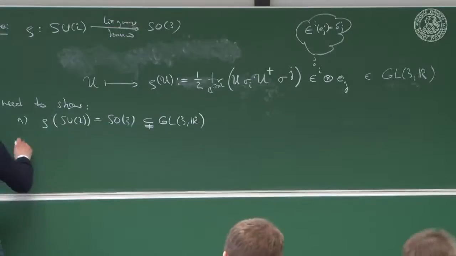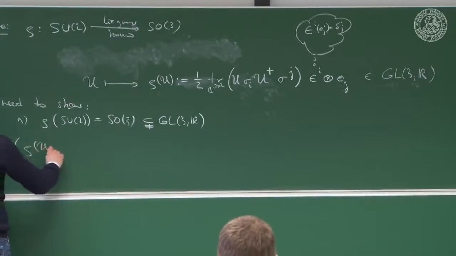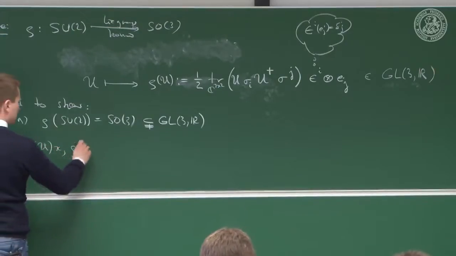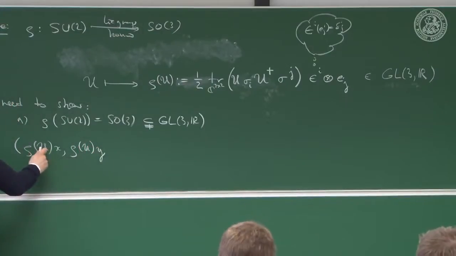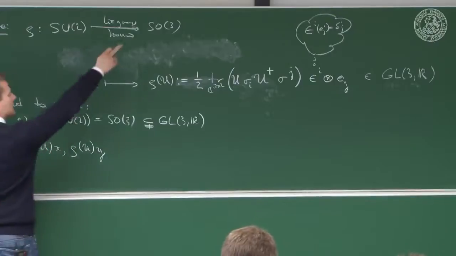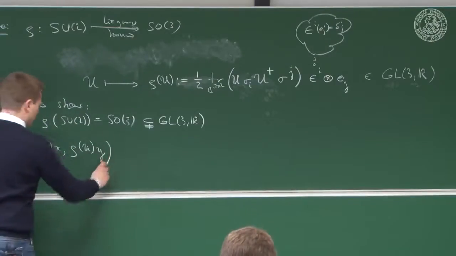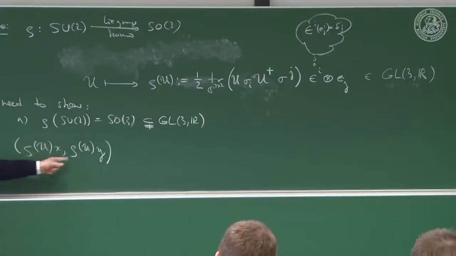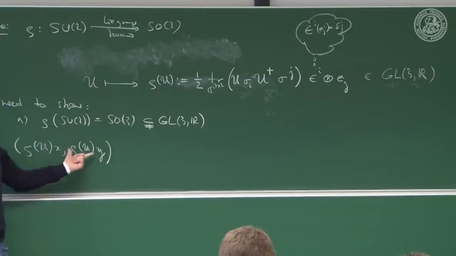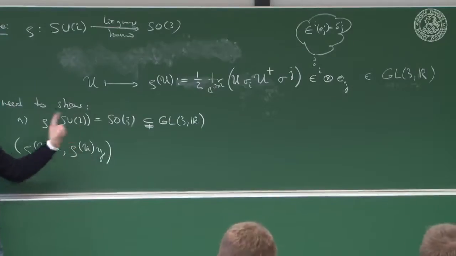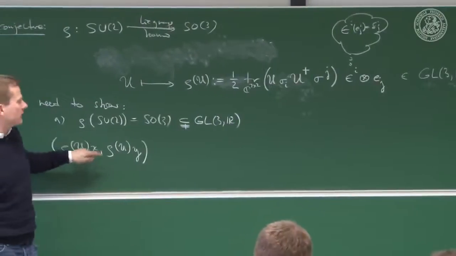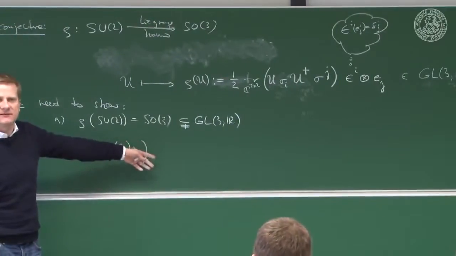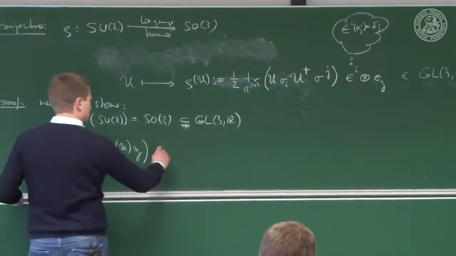Well, we have to check whether if we take the rho u on an x and the rho u on a y, remember this u is an SU2 matrix, but rho of u is an SO3 matrix. Well, if I want to show that rho of u is SO3, I must get the inner product of x and y preserved, because that's the defining property that it be in O3. And then I also need to calculate the determinant of rho of u, and that's 1, and then I'm done. Okay, so let's first calculate this guy.